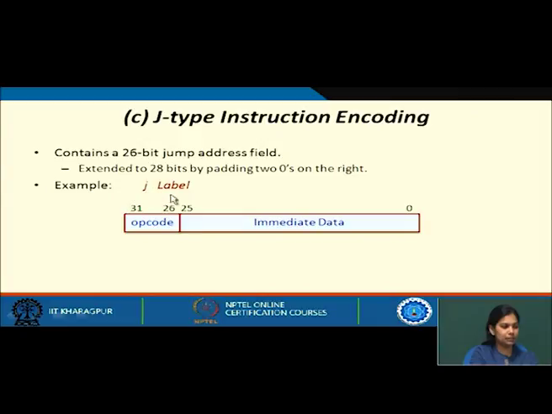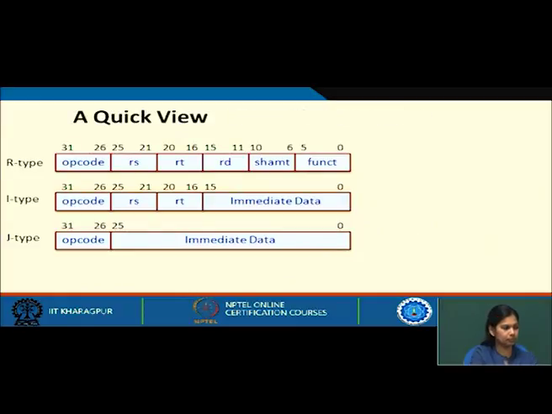So, when we give jump to label, it goes to a 26-bit address. By adding 2 more bits, it becomes 28-bit, and we move there. So, this type of instruction is the jump type instruction, with a 6-bit opcode and a 26-bit jump address.